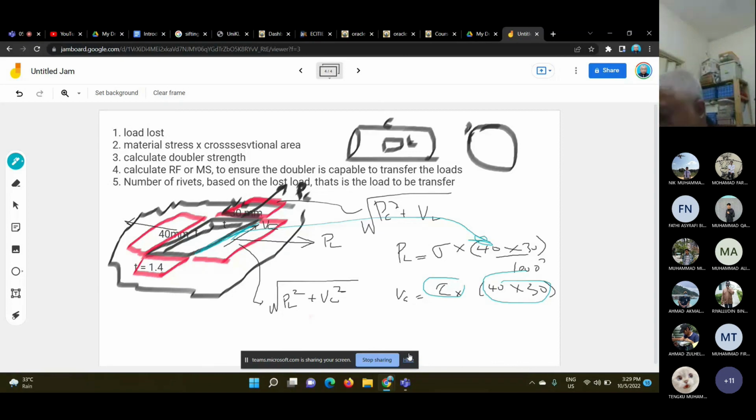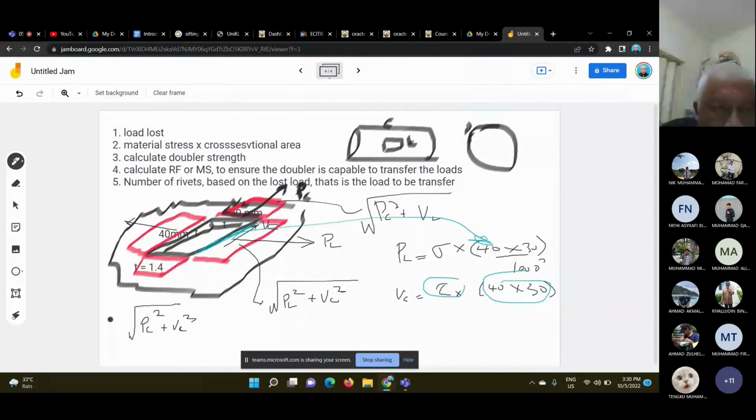So far okay, sir. Then similarly, you work out this area, which is the square root of P circumferential squared plus V longitudinal squared.